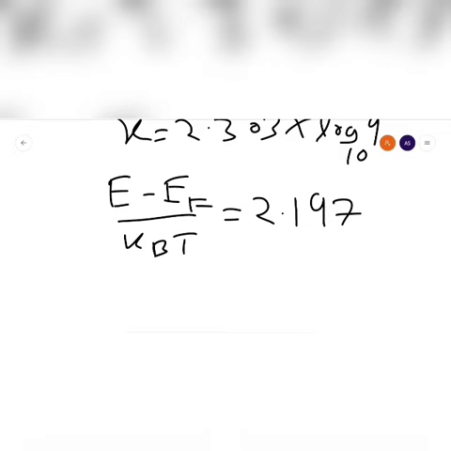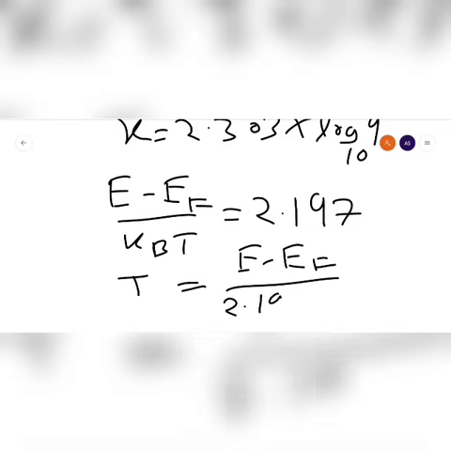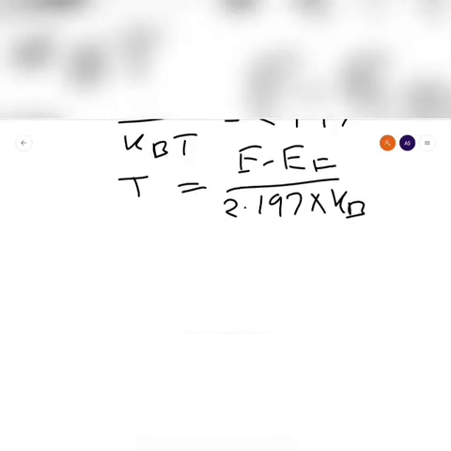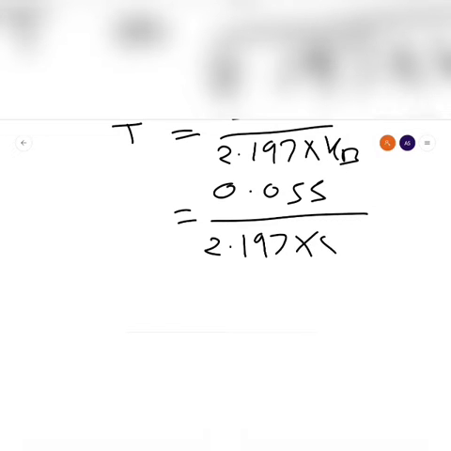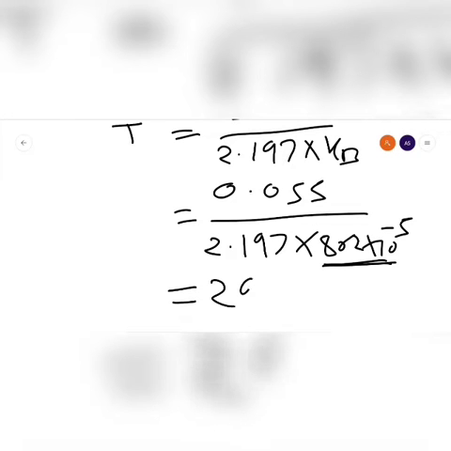You can write that T is equal to (E minus EF) divided by 2.197 into kB. You know the value of E minus EF is 0.055, divided by 2.197 into 8.62 times 10 to the power minus 5. This is the value of the Boltzmann constant in electron volt. You will get the answer as 290 Kelvin.